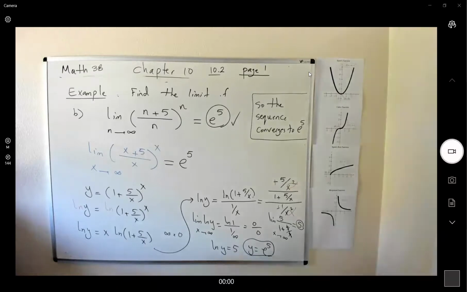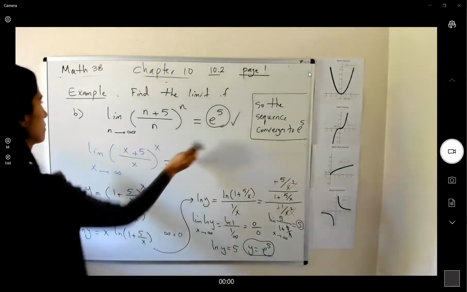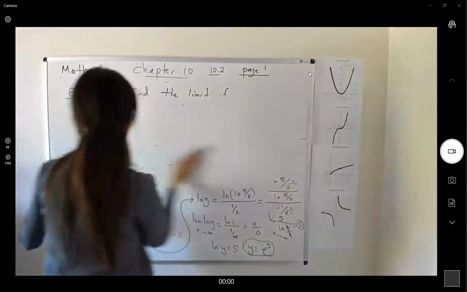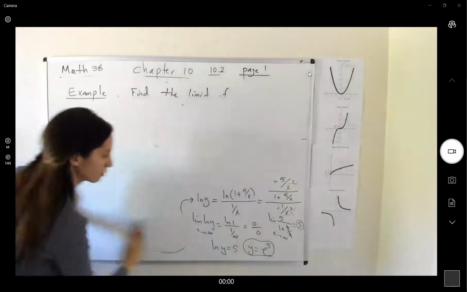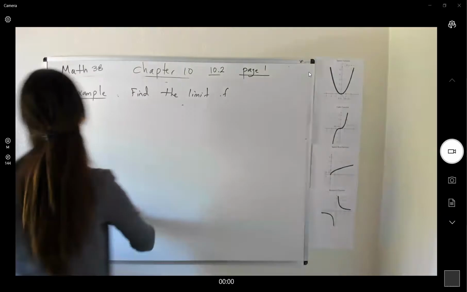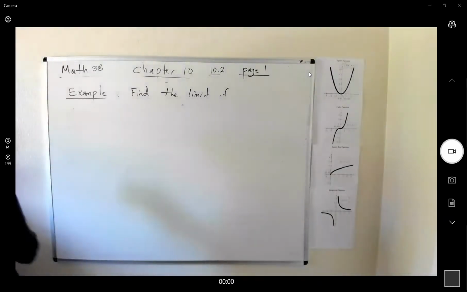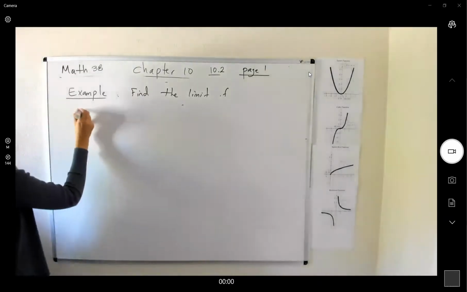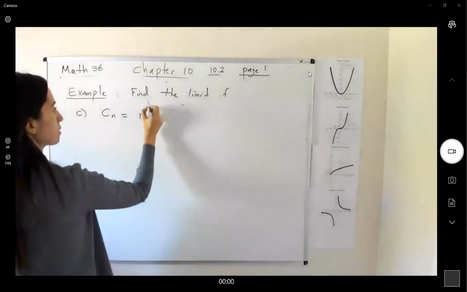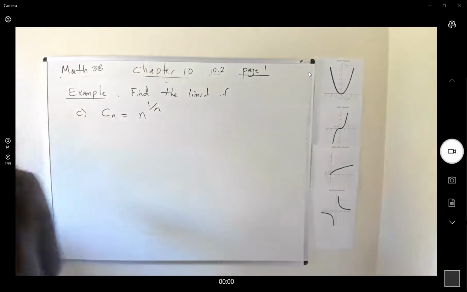Another example for you. The last sequence, c_n, is n raised to 1 over n.